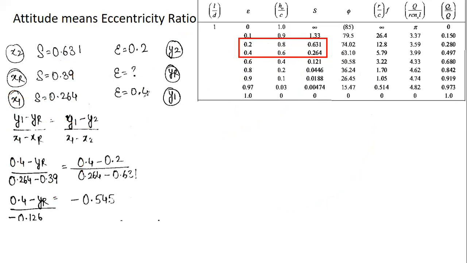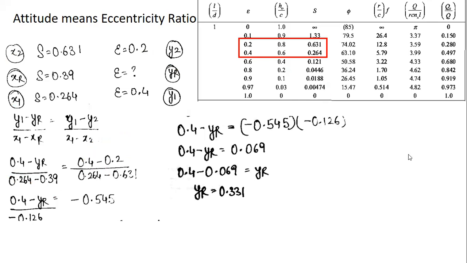Same way, Y1, Y2, X1, X2. Just by doing the simplifications, which I've done for you, I'm getting an eccentricity ratio of 0.331 for 0.39 Sommerfeld number. This is the value.